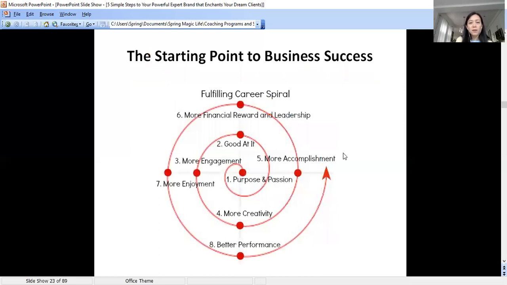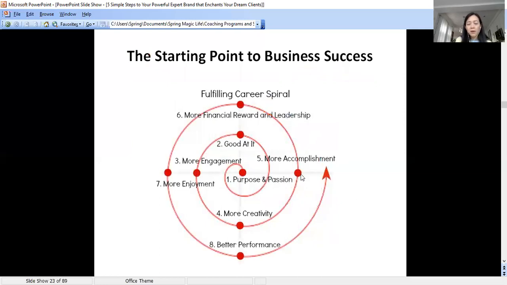What do we want instead? The starting point to business success. We want to start from the core, our purpose and passion, and then find our gifts, the things we are good at, and then we get more engagement. We become more creative, right?